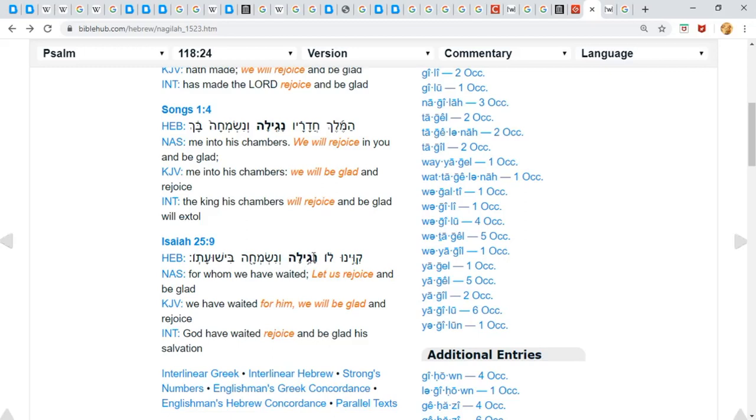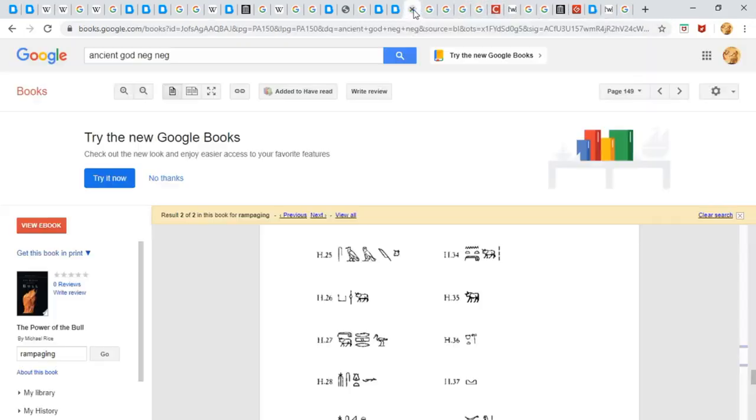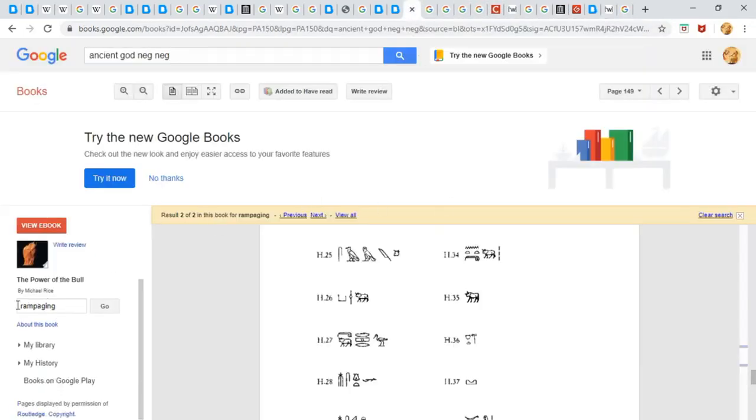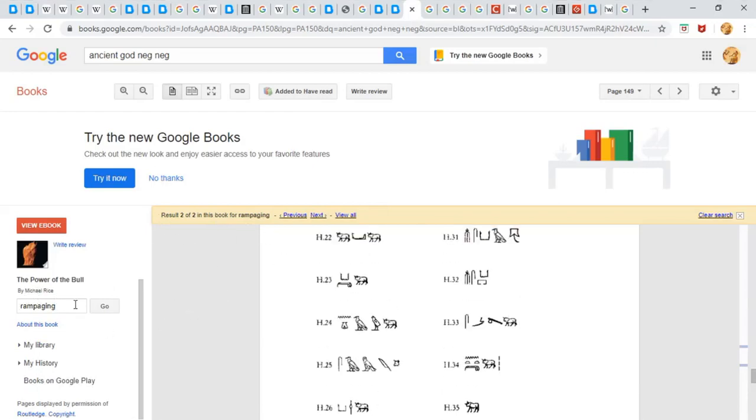The nig is, worldwide, a group of gods in Africa, in India, and in the Americas. Long before all this, everybody had this group of gods called the nig. You can find it in this book called Power of the Bull by Michael Rice, and you can get a section of it here on this Google Books, and I'm gonna get into that.